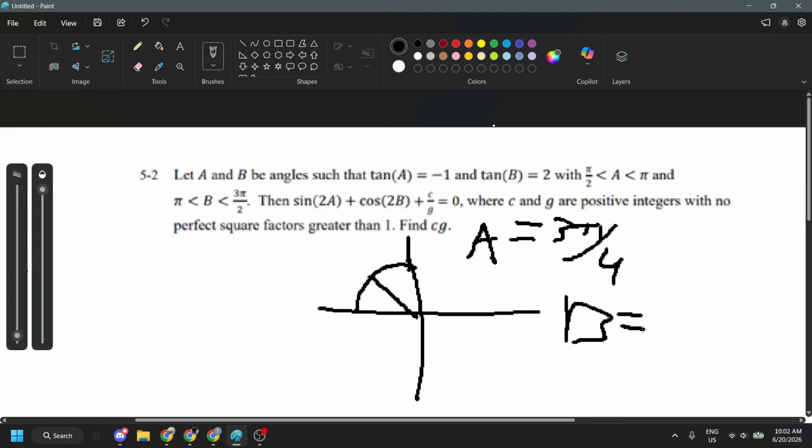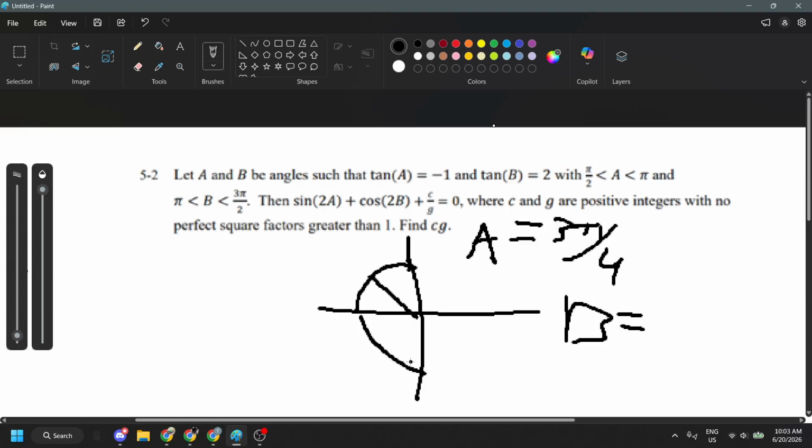B is equal to 2, so it's going to be y over x is equal to 2. Y can be root 3 over 2? No, it's going to be 1/2, and I don't know. Tangent is the one that always messes me up. Oh, B is between pi and 3 pi over 2. So how is it going to be positive?